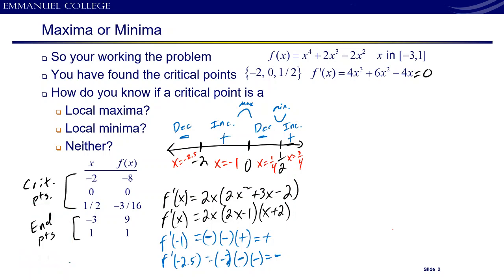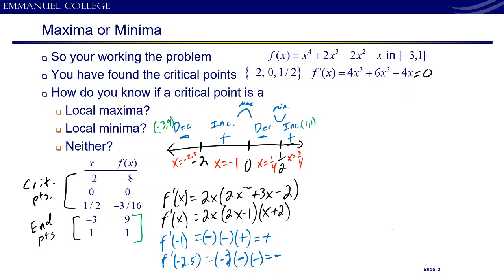Let's go back to the endpoints here for a brief moment. So I have negative 3, 9. And then I also have 1, 1. So this is how you have to read it for the endpoints.